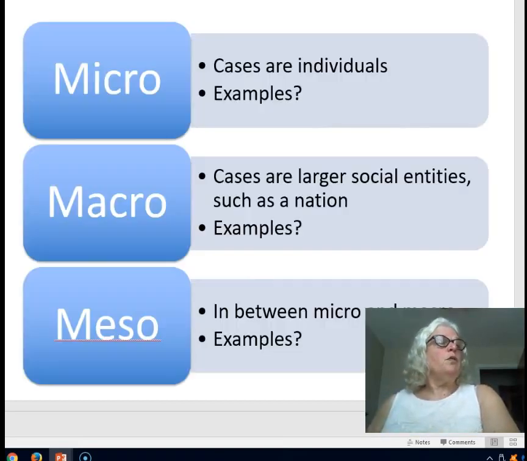These are important things as we start thinking about the issues of family and what goes on with it. So theories can be micro, that will be cases that are individuals and examples, such as a small look at individuals' reactions to that healthcare piece. Macro are the causes. What are the social entitlements in there?